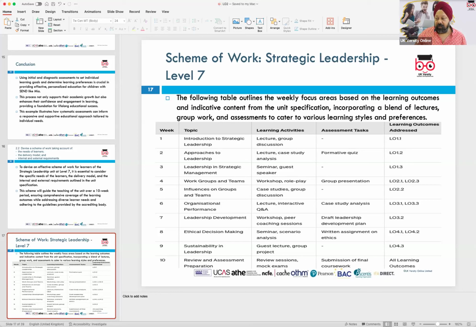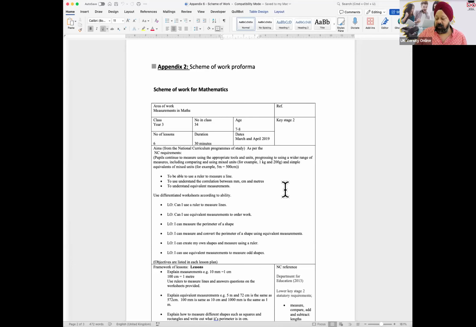And that would be, I would say, a good part to begin with when I look at, say, for example, scheme of work. Now, I was looking at different forms of scheme of work, but it could come in any shape or form, predominantly depending on how you would have your own template, or have something that you already have at your end, or maybe use one of the templates that we have provided.